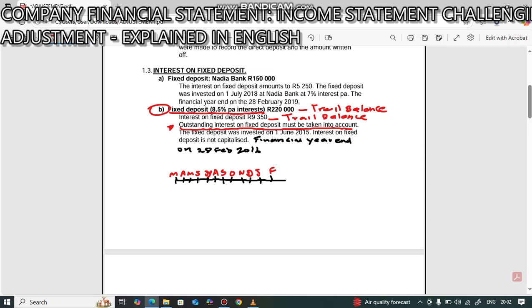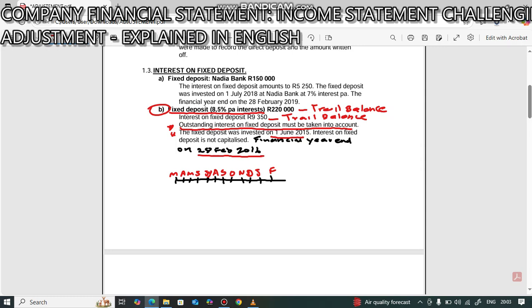They are saying the fixed deposit was invested on the 1st June 2015. The interest on fixed deposit is not capitalized. The financial year end for this business is the 28th February 2016.